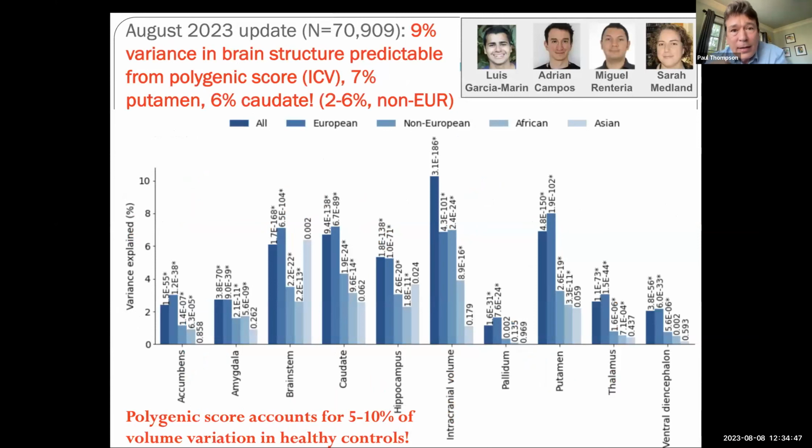Now, you could ask, does any polygenic score derived from these GWAS explain anything at all about the imaging? And it does. So this is the fraction of the phenotypic variance explained by a PRS that comes from the plots that I just showed.